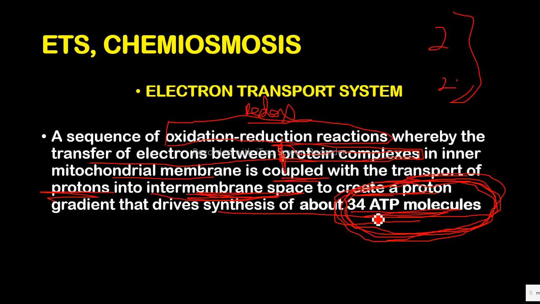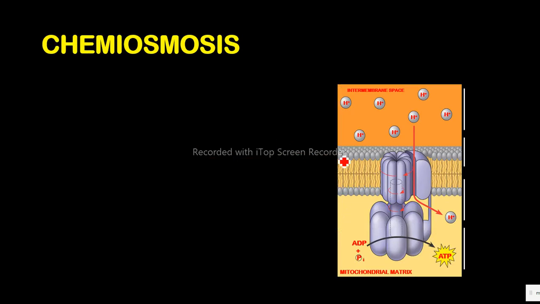The site of energy production is here, where you produce 34 ATP molecules, and let's see how it is done by chemiosmosis. So for the one who asked about chemiosmosis, Jordan, here you are with your chemiosmosis.